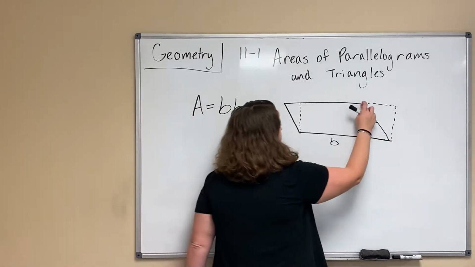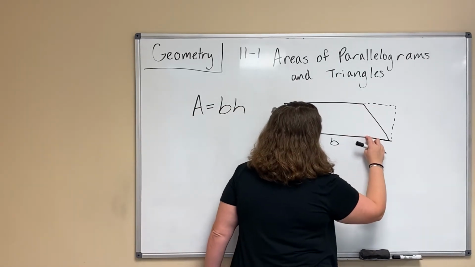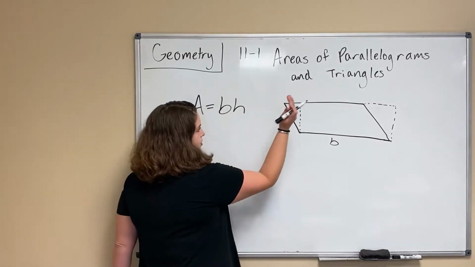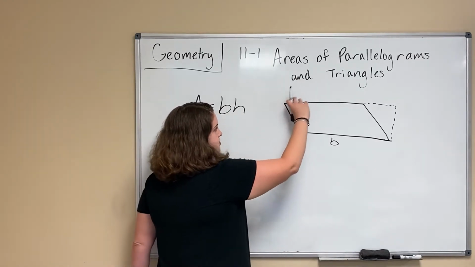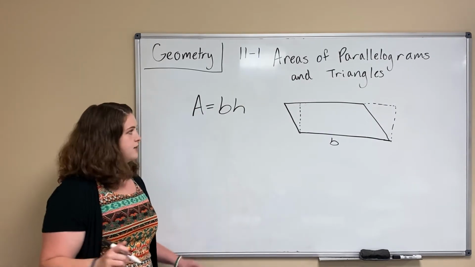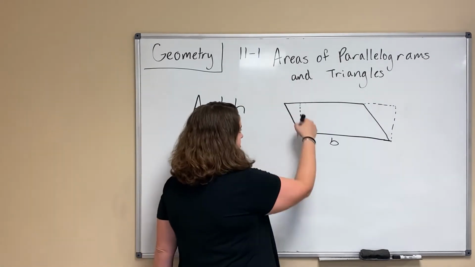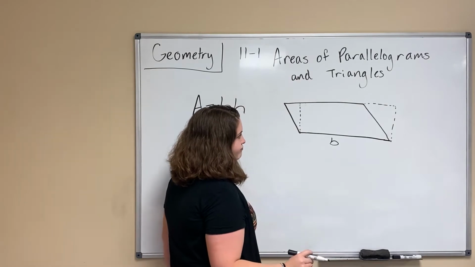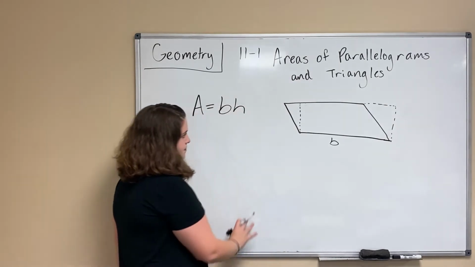Hopefully that's clear. Let me erase this one. If I was to cut off the corner of my parallelogram and just pick it up and set it over here, then I would have a rectangle and my base times height would be obvious. So that's where we get that formula from.